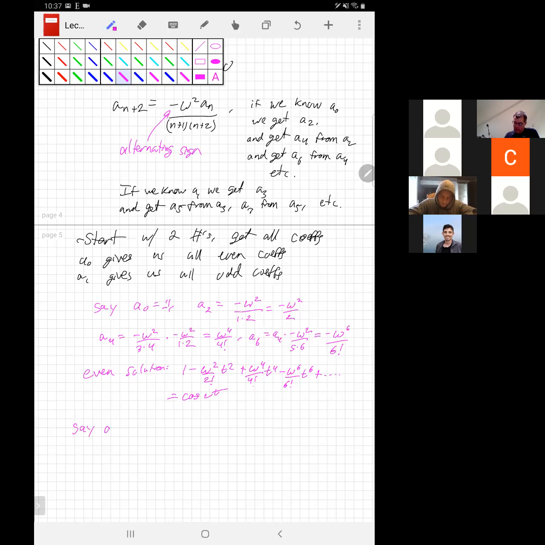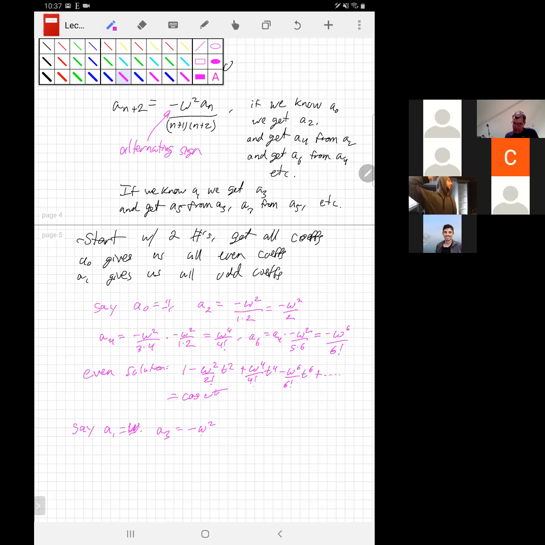And then we could say A1 is 1. Well, A3 will be minus omega squared. Actually, let's say A1 equals omega because omega t will be dimensionless, right? And omega has units of 1 over time. So omega t will have units of time multiplied by 1 over time, which will be no units.